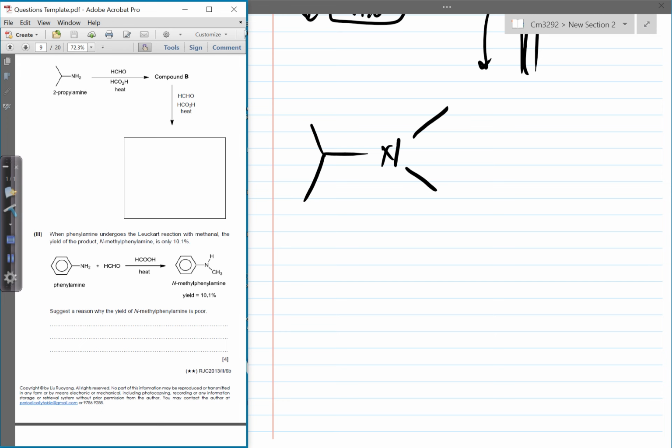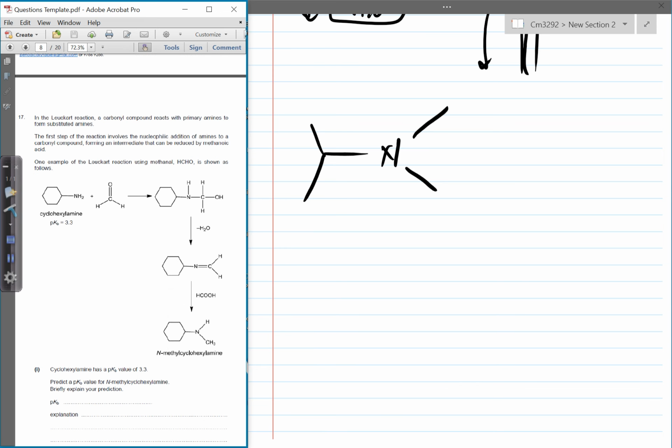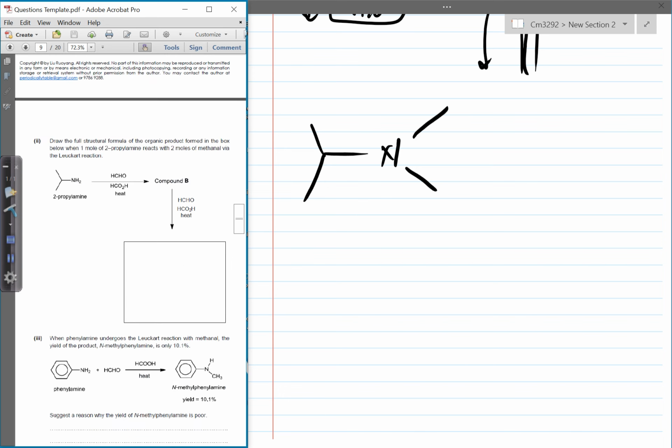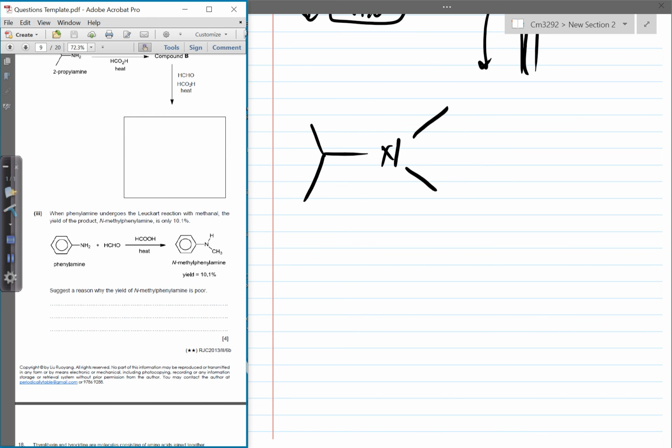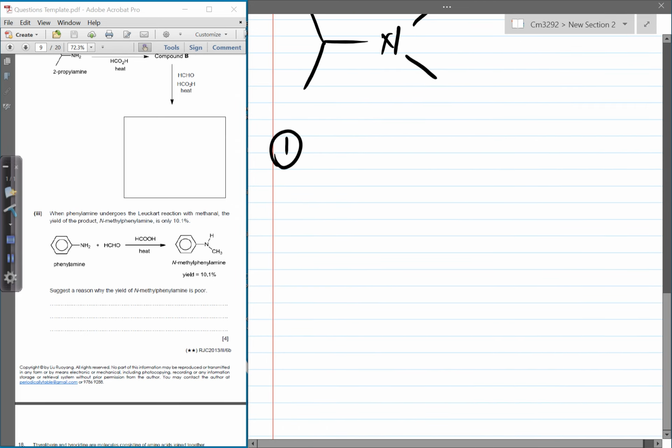And then the last one, when phenylamine undergoes this reaction, the yield is very low. If you can recall, I already said for phenylamine it is slightly less reactive, right? Although it's still very reactive. For this case, the lower reactivity is due to the lone pair delocalizing into the ring, right? And they already told you that this is a nucleophilic addition reaction. Since the lone pair can delocalize, it is a weaker nucleophile, right? So you have to talk about 1, phenylamine is a weaker nucleophile.